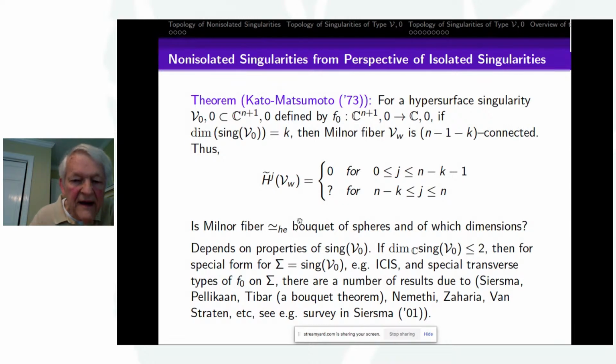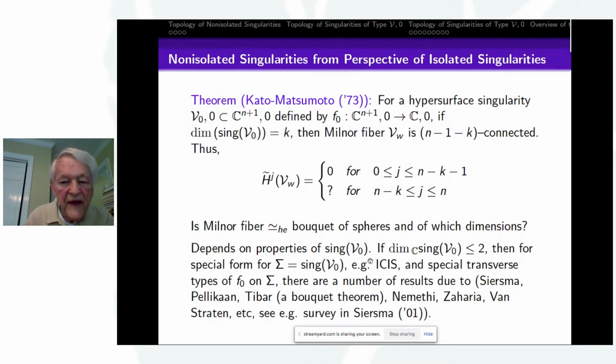And in fact, the introducer of my talk, Dirk Siersma, was a person who pioneered, along with his colleagues, work on looking at properties of these non-isolated singularities, at least for small dimension of the singular set. And he used two things: the property of the singular set, for example, could be an ICIS, and special transverse types of the mapping to the singular set.